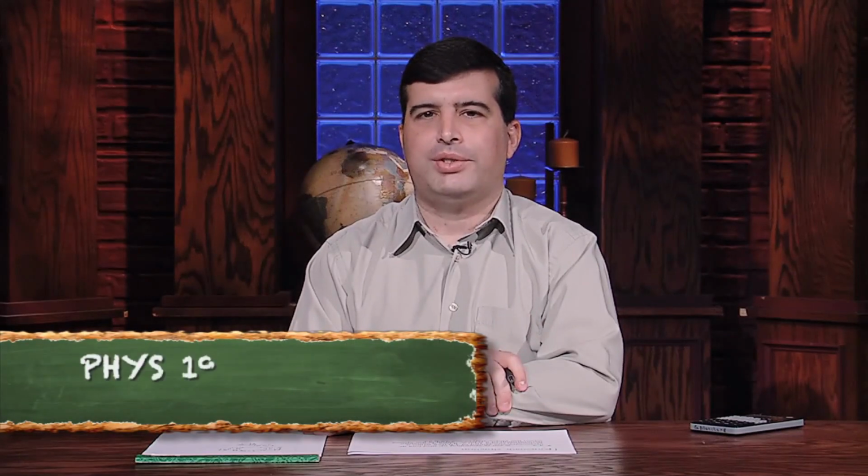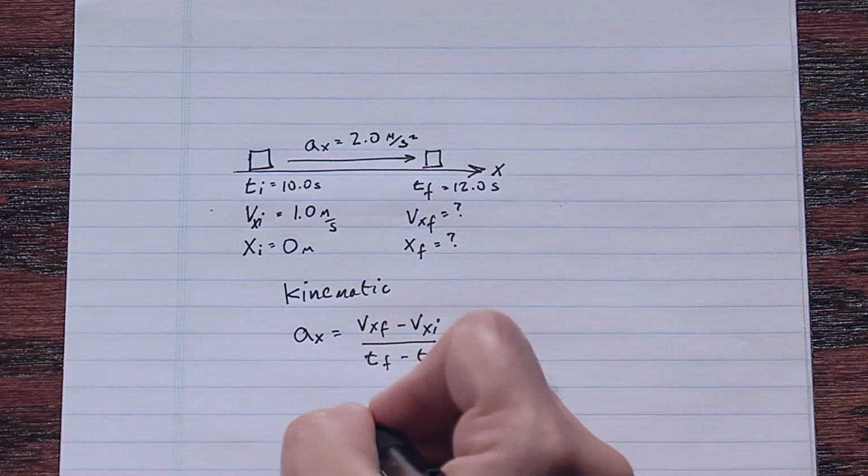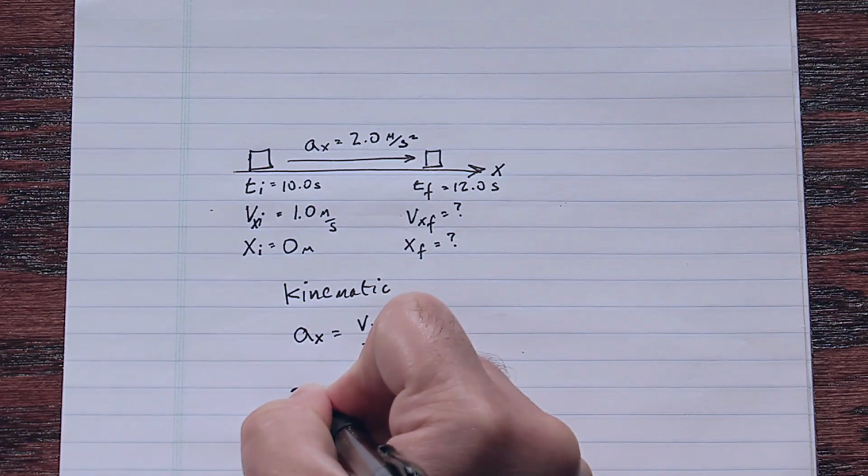Now we have completely modeled this situation. Now it's just a matter of making our equation specific to this situation and solving for whatever it is we need to know. Well, let's see. Ax, we know, is 2.